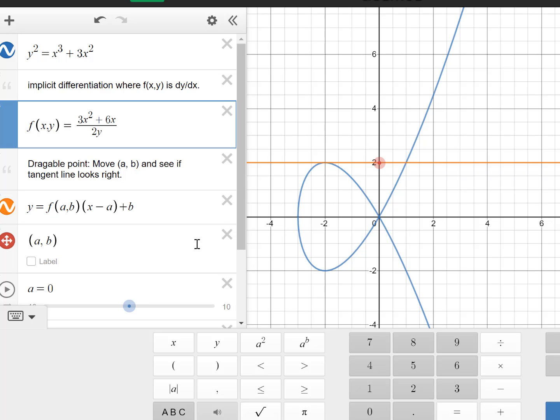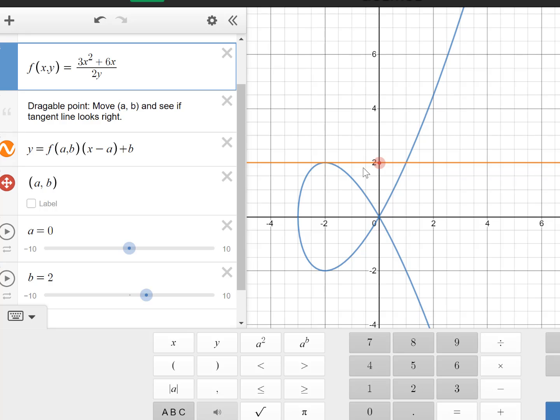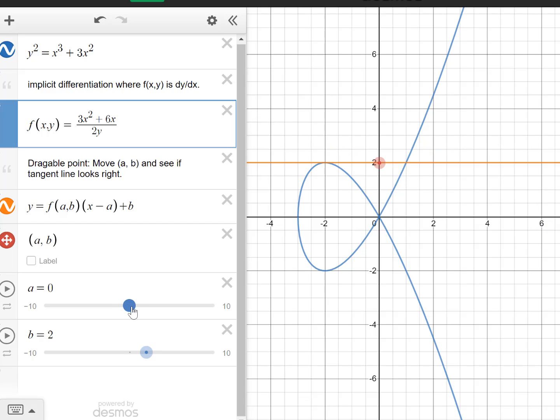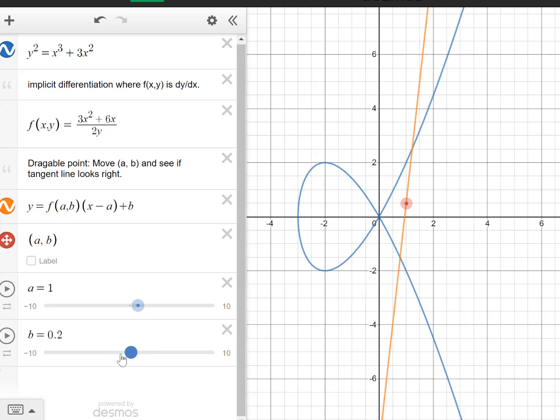And then notice down here that we can actually change our a value. Right now a is not even on the curve, but the point that we wanted to look at was (1, -2). So if I drag a over to 1 and b over to -2, we will see right there that we actually have that tangent line.